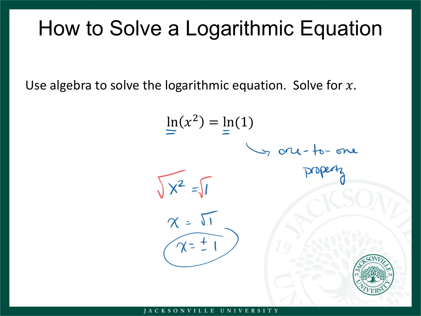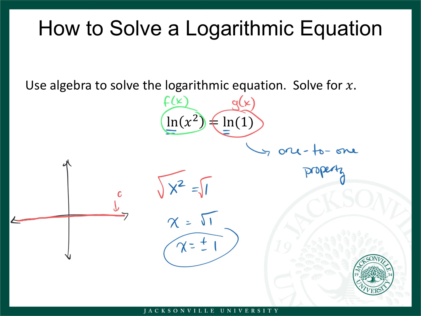You can actually check this out by graphing. If I graph the natural log of x squared, let's call that f of x, and then graph the natural log of 1, let's call this g of x, you'll see that the natural log of 1 is actually equal to 0. So it's this line here.